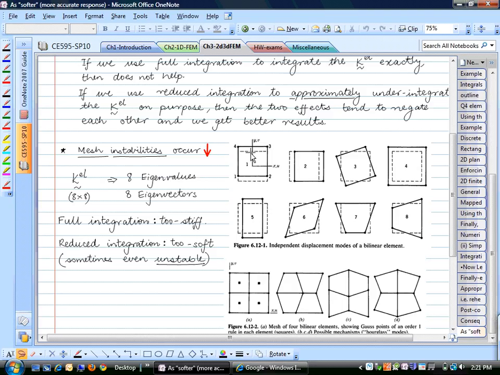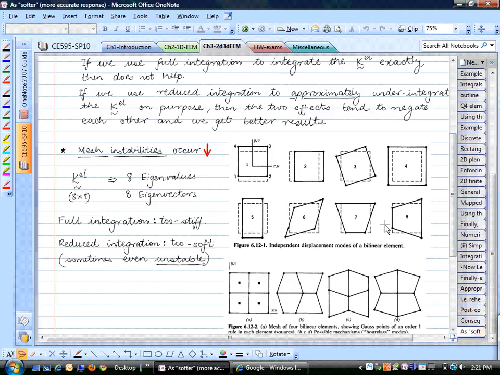So in this case, this is a vertical translational mode, this is a horizontal translational mode, this is a pure rotational mode. These are the only 3 rigid body modes in 2 dimensions, right? You can, in 2 dimensions, have x displacement, y displacement, and rotation. Those are your 3 rigid body modes, meaning 3 eigenvalues will be 0. Okay?